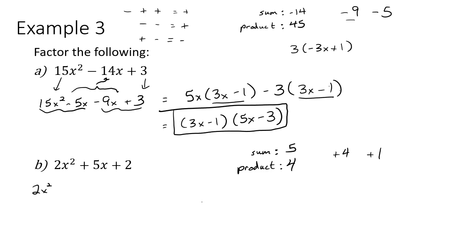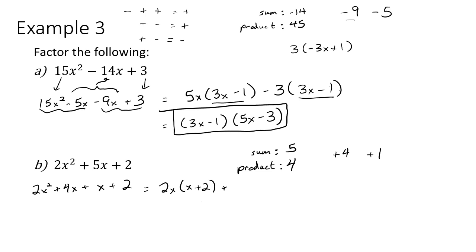The 2x squared comes down. The 5x is going to become 4x plus 1x. And then the plus 2 carries down as well. Factor by grouping. If I pull a 2x out of the first two terms, that will leave me with x plus 2. And the second terms are already x plus 2.